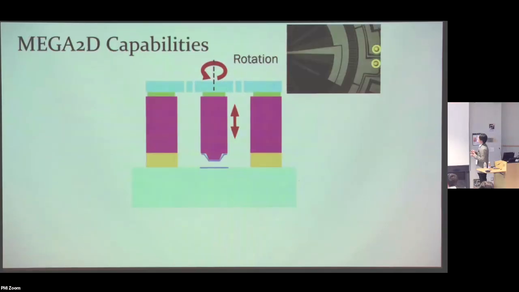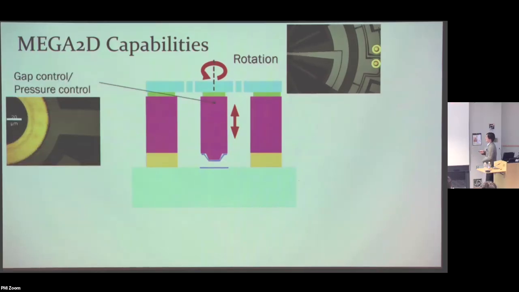So just to summarize what we currently have, for example, you can see here that's the Mega 2D device under operation. You can see the in situ rotation, and you can change the distance between the 2 layers, and you can see here that's manifested as the autofocus on the microscope.